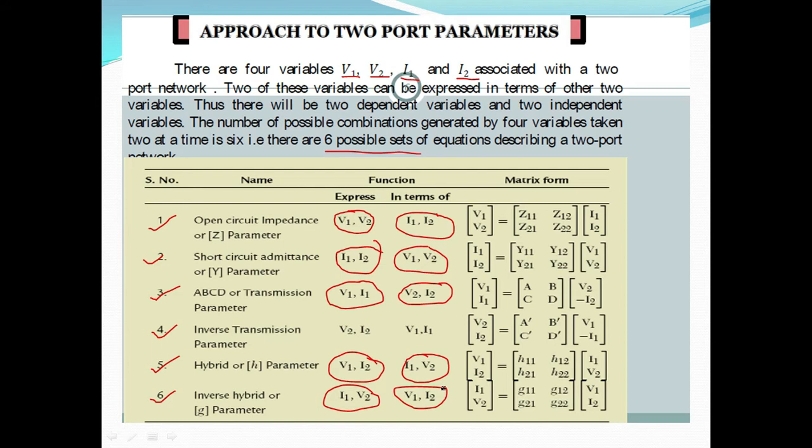Once you take the current parameter, the circuit will be open circuited, either on the input side or the output side. Hence it is called the open circuit parameter, because once you find V1 and V2, these are the voltage drops across the respective components. So it is always open.